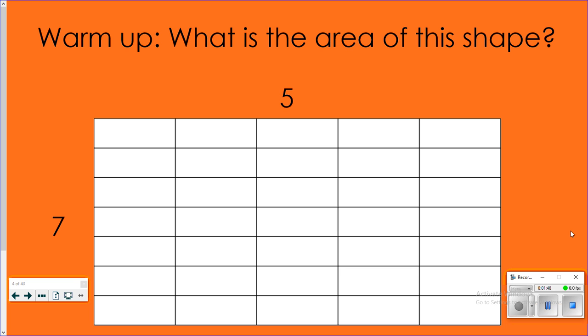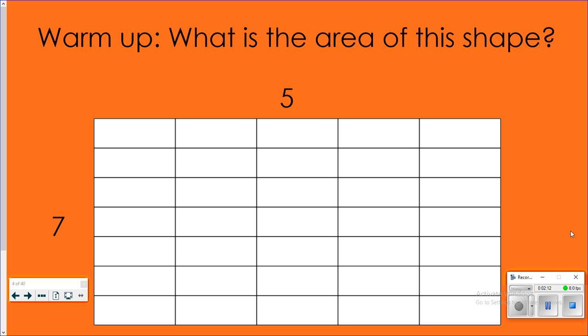Now, this shape, I can do some tricks with. Because this shape looks like another shape that I already know, I can do some shortcuts with it. If it was this crazy shape, I would have to count all my squares.